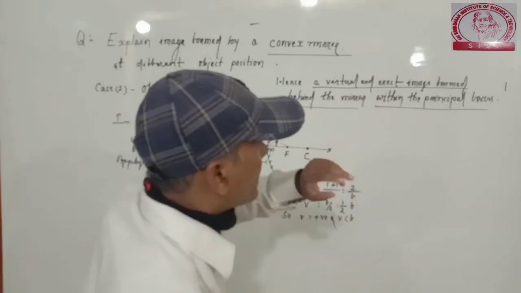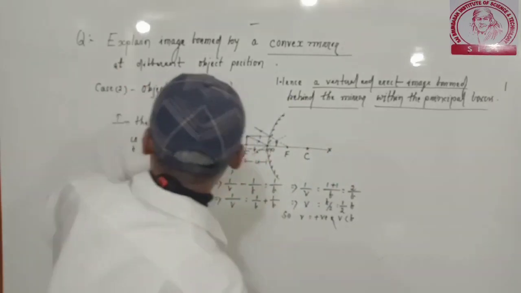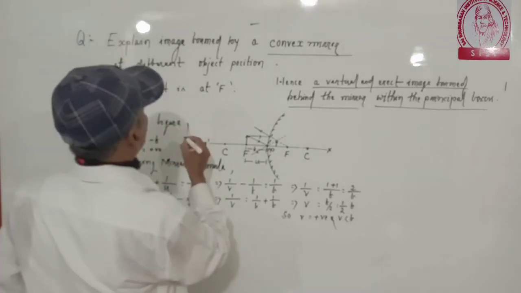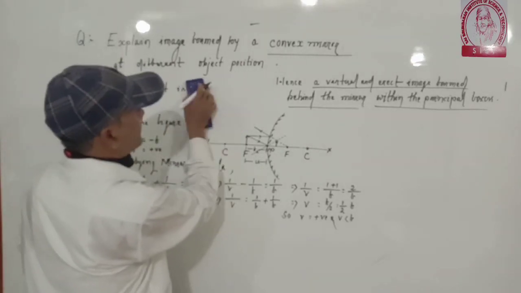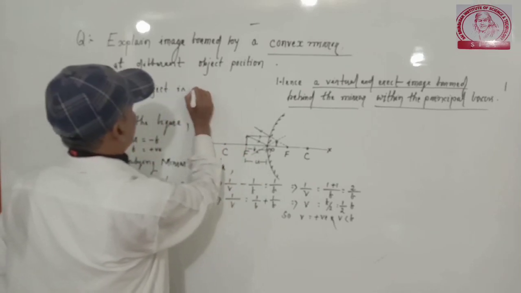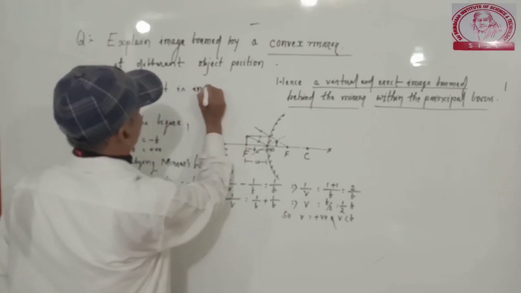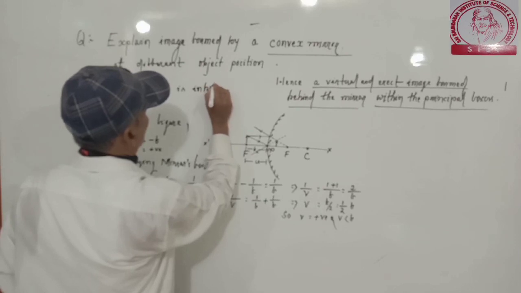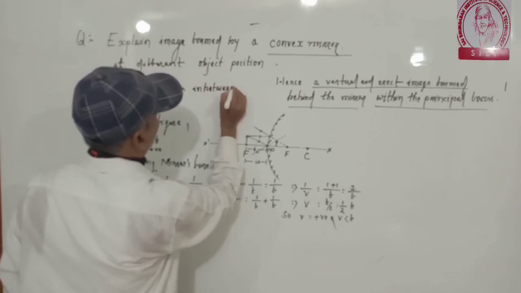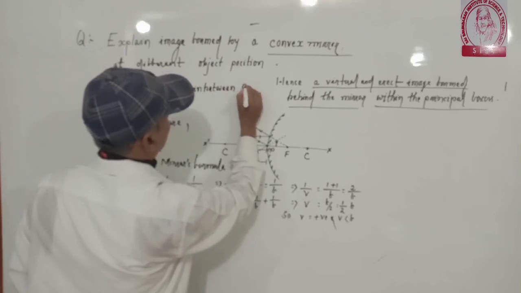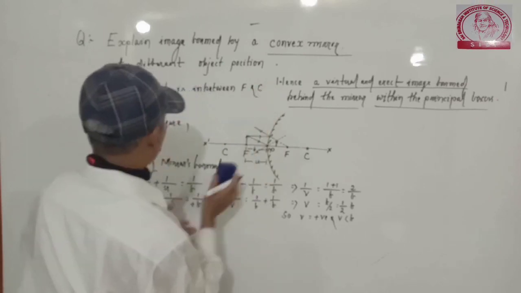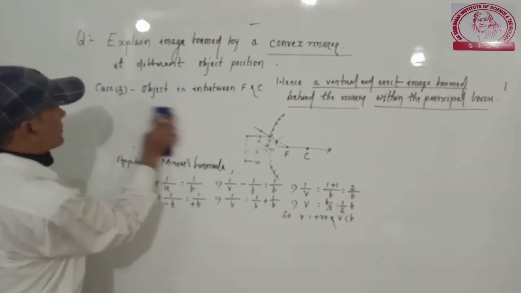Let us see what we are getting in case 3. Object is in between F and C. This is the case 3.